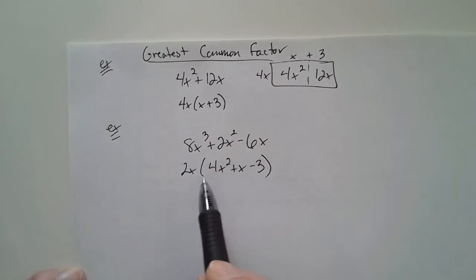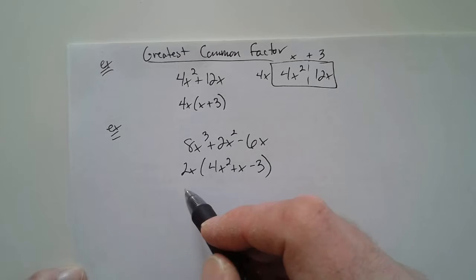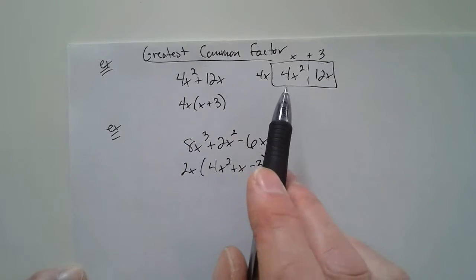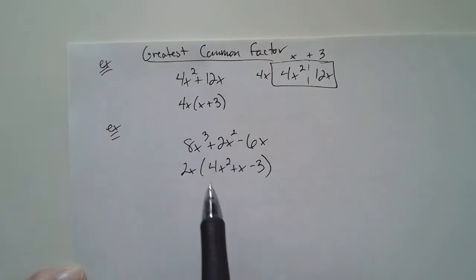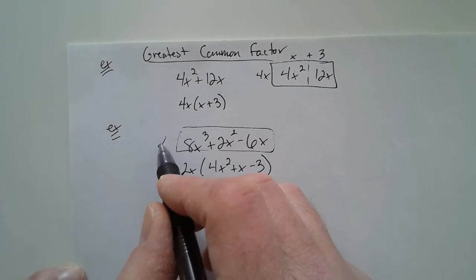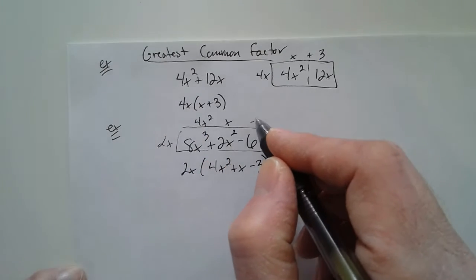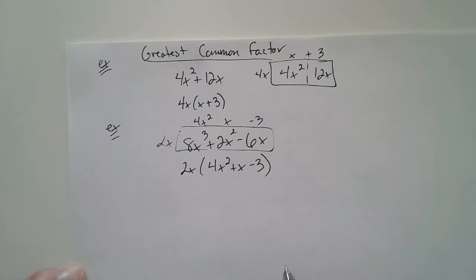And then you could try to continue to factor. Actually, this one can continue to be factored. But for right now, greatest common factor, you're just taking it out of every term, which I did here. Some people would put this into a box and go like this. But this is what our answer would be.